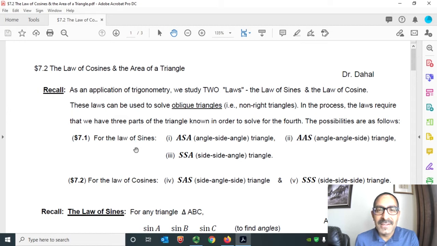Law of sines is used to solve an oblique triangle when we know three parts such as angle, side, angle; angle, angle, side; and side, side, angle. To find the other missing sides and angles, we use the sine laws.